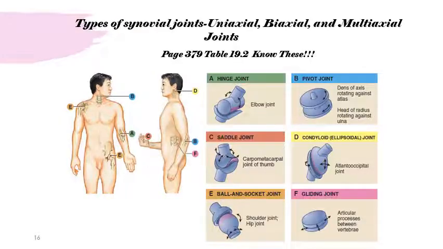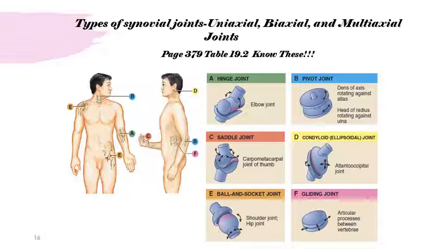On the top of page 379 are all of the different types of synovial joints that go along with body movement. We have several different types of joints providing all of the movement within our body.